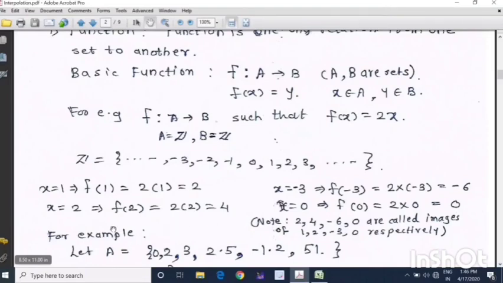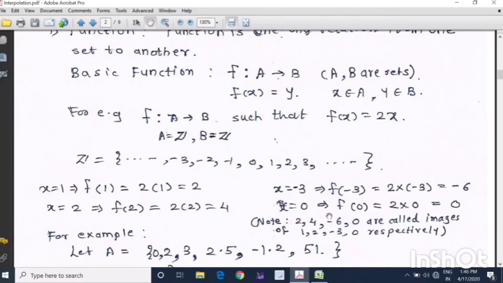Now if you observe, we have taken 4 values as an example: 1, 2, minus 3, 0. When x equals 1, we get f of 1 equal to 2. When x equals 2, f of 2 equals 4. When x equals minus 3, f of minus 3 equals minus 6.